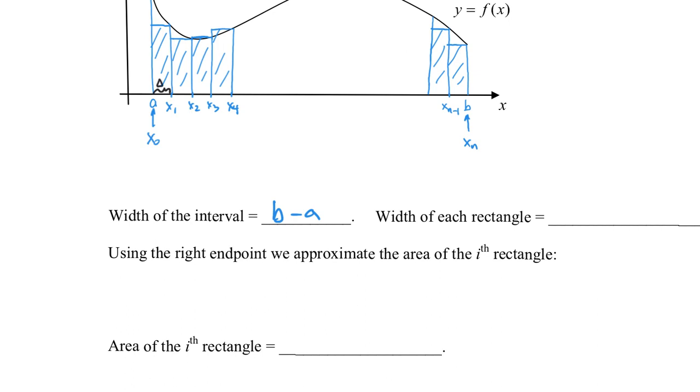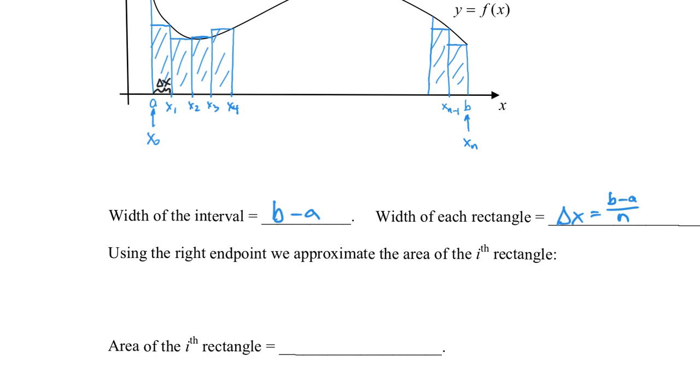This is just going to be the change in x. That's going to be the width of each rectangle, delta x. And what that's really going to be is the width of this, which is B minus A, divided by how many of these rectangles there are, right? So this delta x really is just going to be B minus A over n.